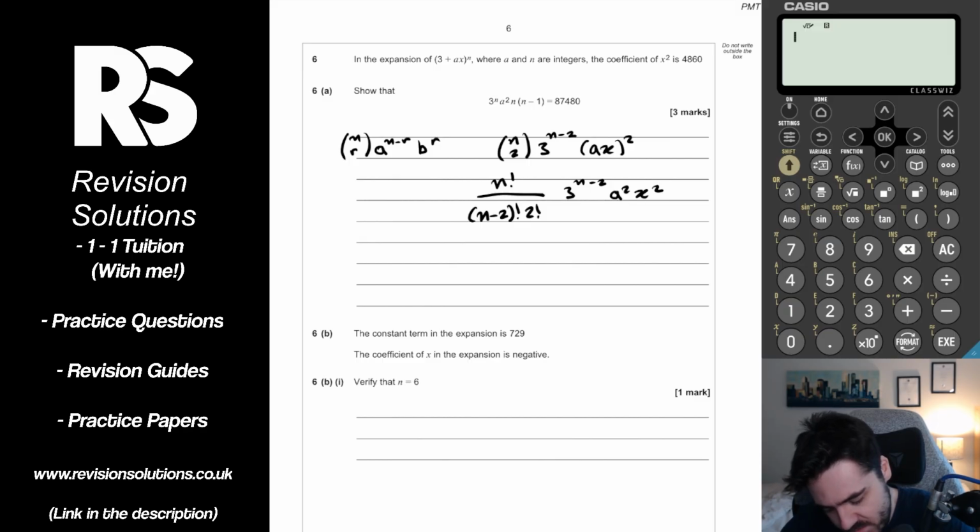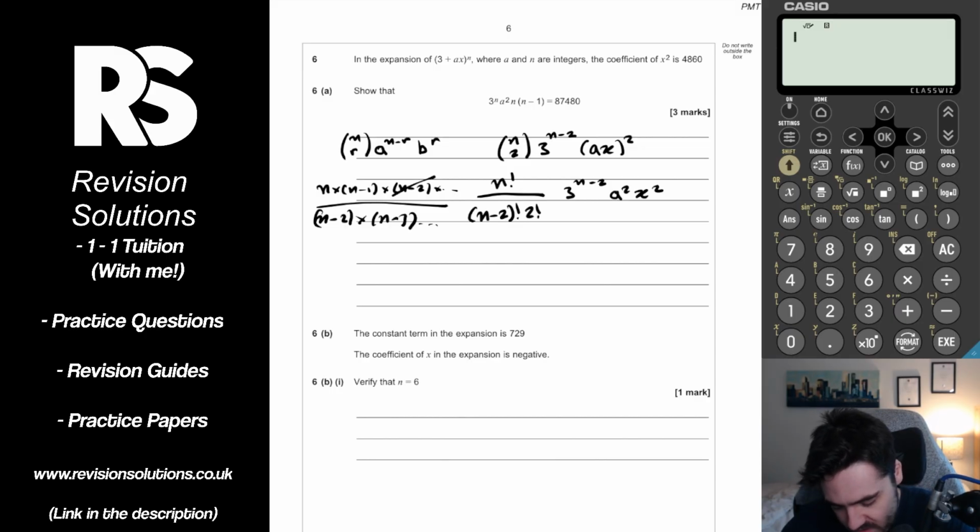And then if we think about this, the n factorial over n minus 2 factorial, a lot of things are going to cancel in that, right? So if we have n factorial, that's n times n minus 1 times n minus 2, and so on. And then n minus 2 factorial is going to be n minus 2 times n minus 3, and so on.